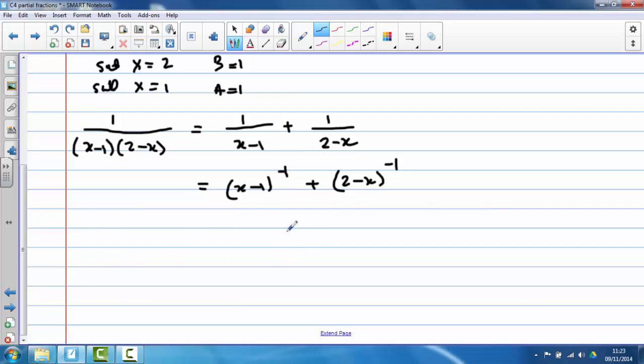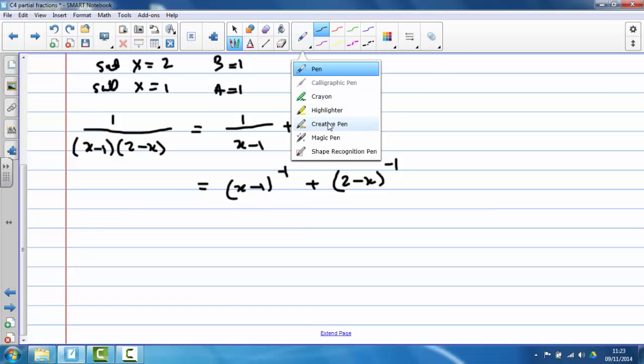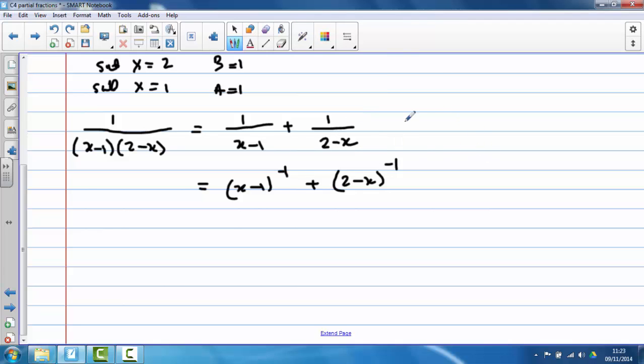and to put them in the form so that we can use a binomial expansion, remember, the binomial expansion should be written in the form where you've got 1 plus or minus kx to the power minus 1.